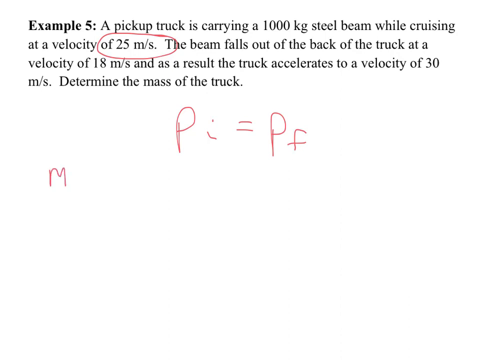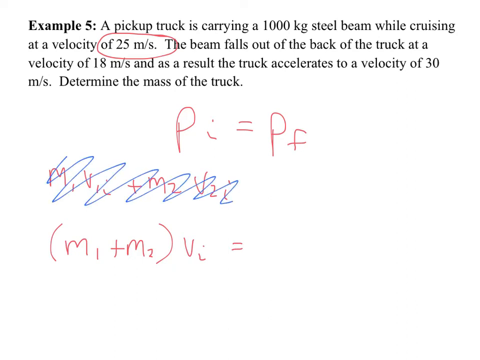Instead of writing M1 V1I plus M2 V2I, what could you do instead of writing them separately? M1 plus M2 times VI. Yeah. And just call it VI. You don't need to specify V2I and V1I, so you don't need to do this one. So the reason I'm able to do that is because of the context of the problem.